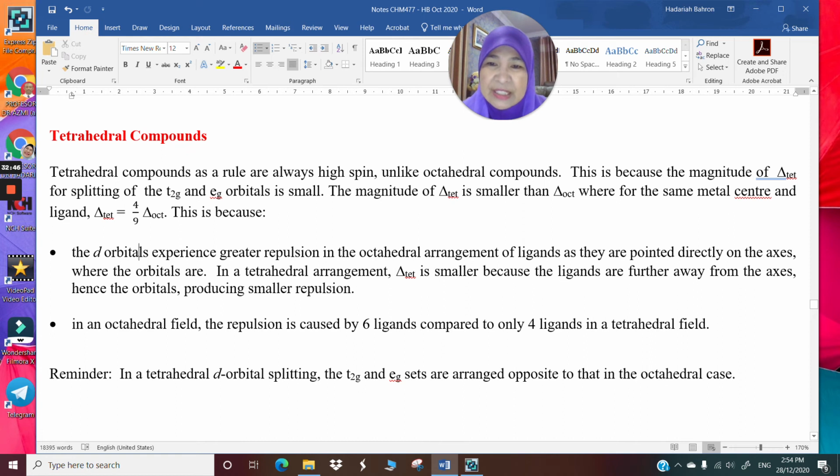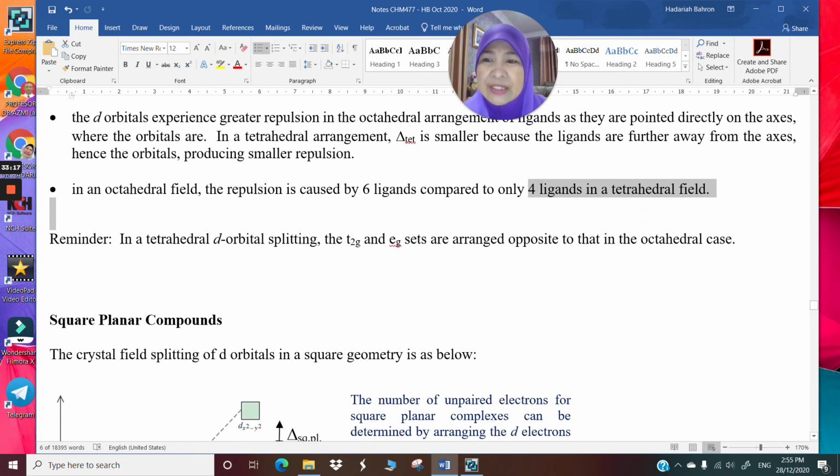The d orbitals experience greater repulsion in an octahedral arrangement of ligands because they are pointed directly on the axis where the orbitals are, whereas in a tetrahedral arrangement, delta tet is smaller because the ligands are further away from the axis, hence producing smaller repulsion. And in octahedral, the repulsion is caused by 6 ligands compared to only 4 ligands in the tetrahedral field, as I explained a lot earlier.